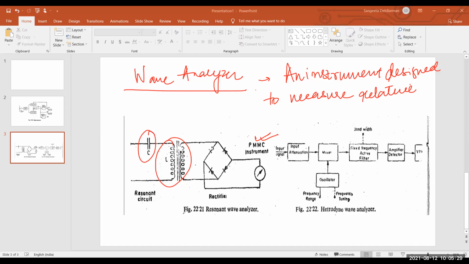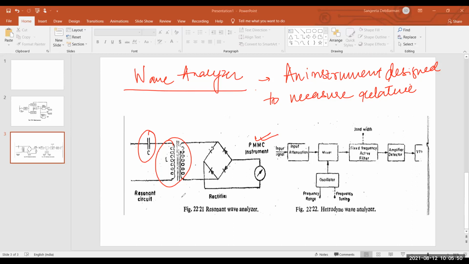The LC resonance circuit passes only one frequency, while it highly attenuates the signals of other frequencies.